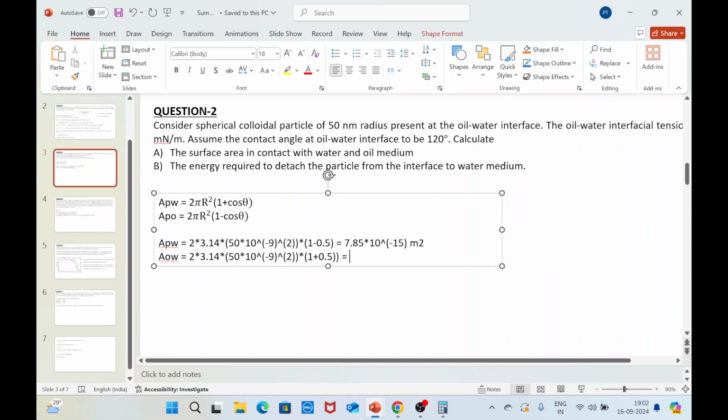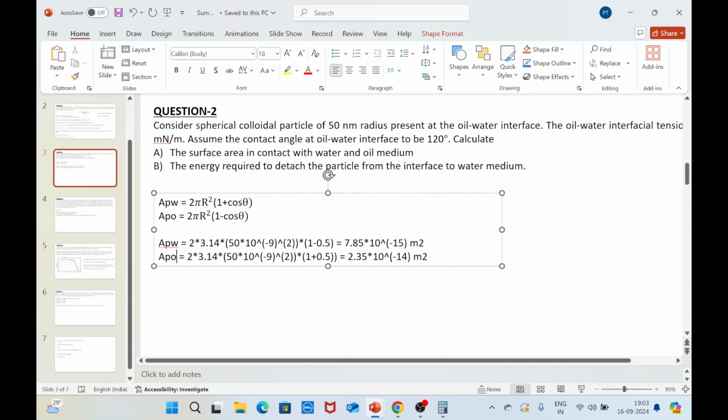What is the value? Yeah, so the value is 2 times 2.35 times 10 to the power minus 14 meter square. So this is APO, that is the particle which is going to be in contact with the oil. So this is your first expression.